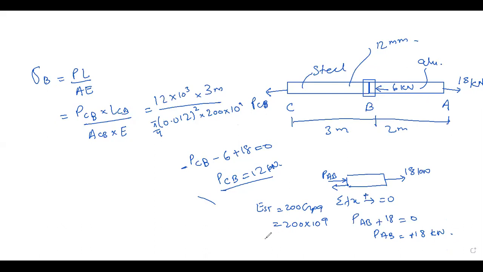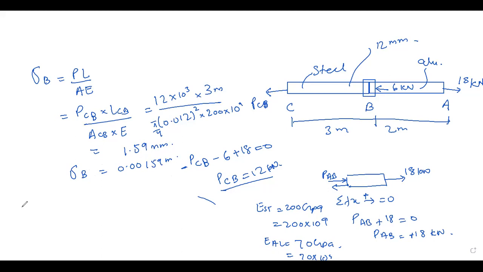And for the aluminum, it is 70 gigapascal, which is 70 into 10 raised to the power 9. Now we put all the values here. By solving, we get 1.59 millimeter, or in meters it will be 0.00159 meter. This is the deflection at B.